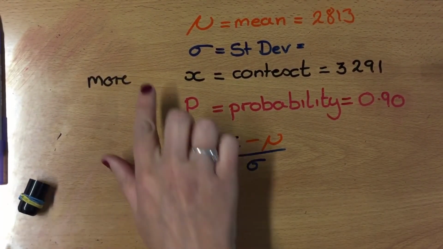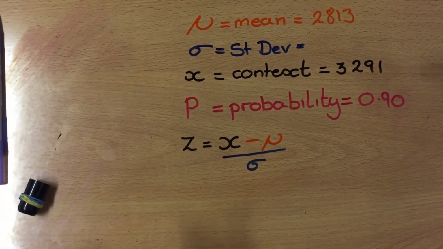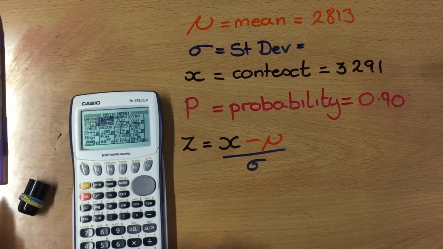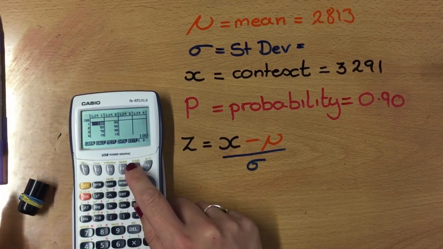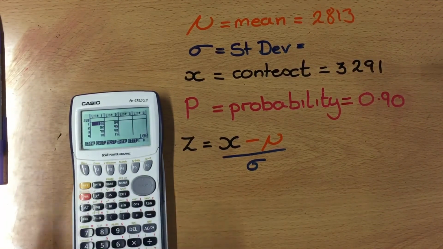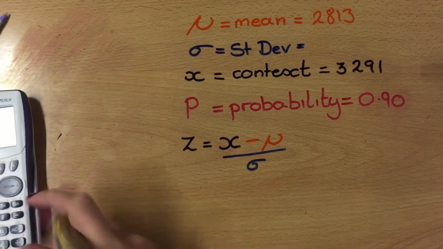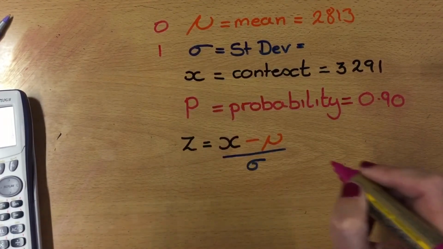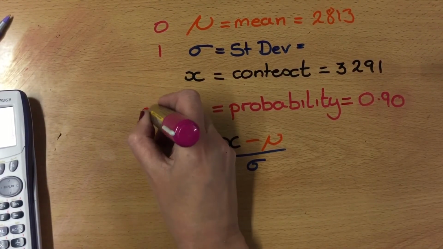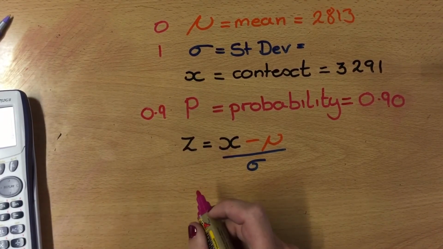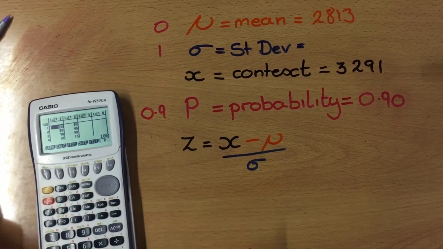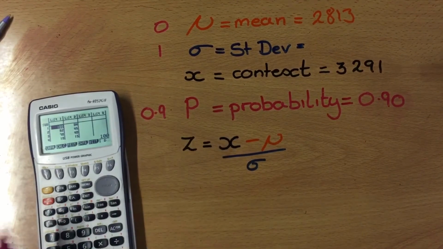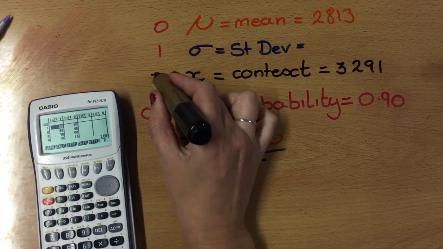So if we employ what feels a little bit like a cheat, and kind of is, what we can do is say if the mean was nothing and the standard deviation was 1 and the probability is what we want, then we can still work out our z value.